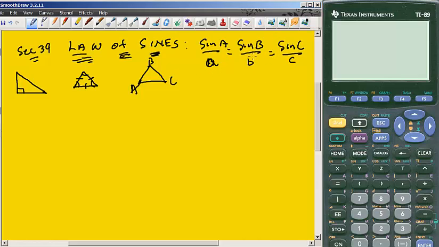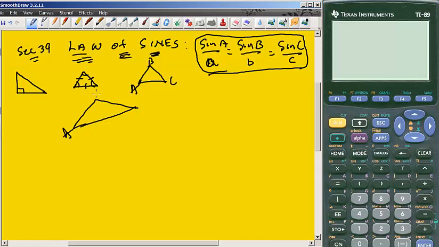Now, before we get going and applying the law of sines, since this is so easy to prove, I'll prove it. It's not that long. So let's just make a random non-right triangle.